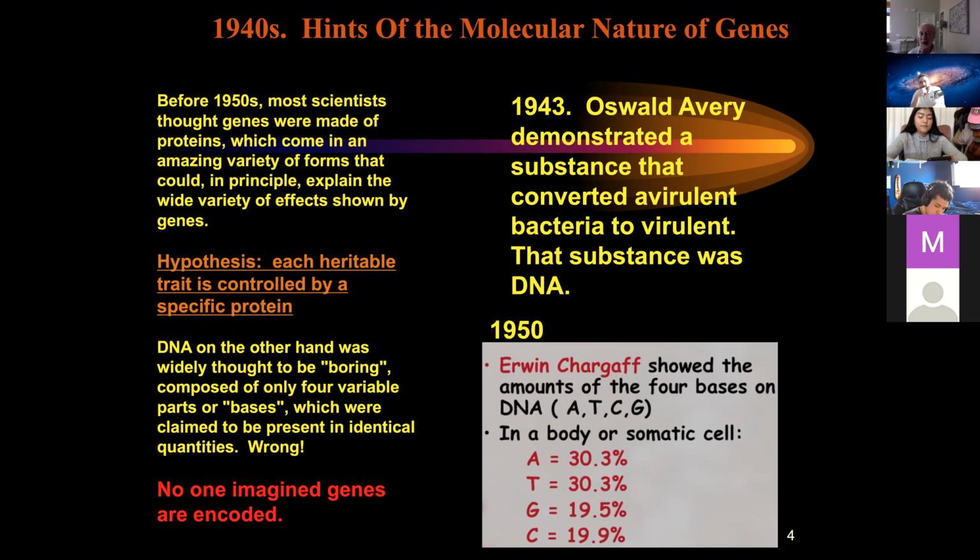Why? And consider how Avery did this. He started with very crude cell extract and ended up with a fraction that he purified, and he said that fraction is DNA.